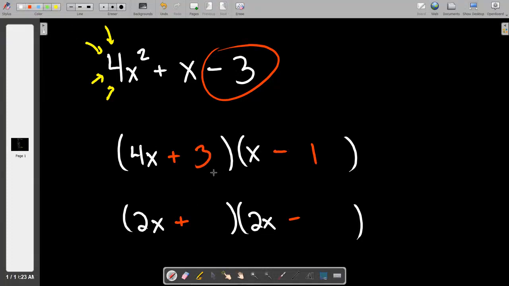I'll stay consistent with my colors. What does that make, the green thing? Negative 4. What's 3 and negative 4 when you add them? Negative 1. And you go, oh, I wanted positive 1. What do I do? So this is 4x minus 3 and x plus 1.